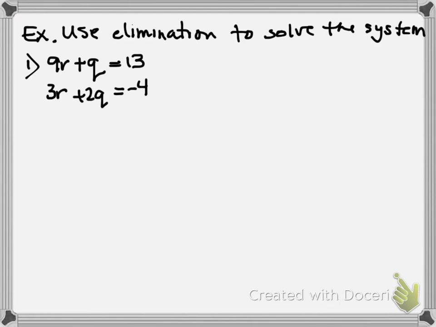How could I get my Q's to match? Multiply the top by -2. So the option is, which way do you want to go? Because both will work. Smaller number. Bottom. Oh, so you want to multiply the R in the bottom equation by -3.